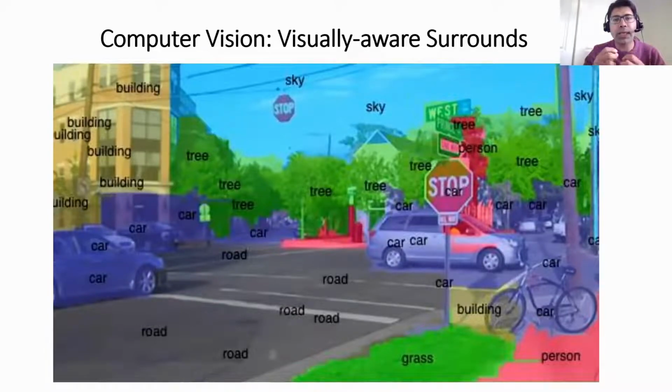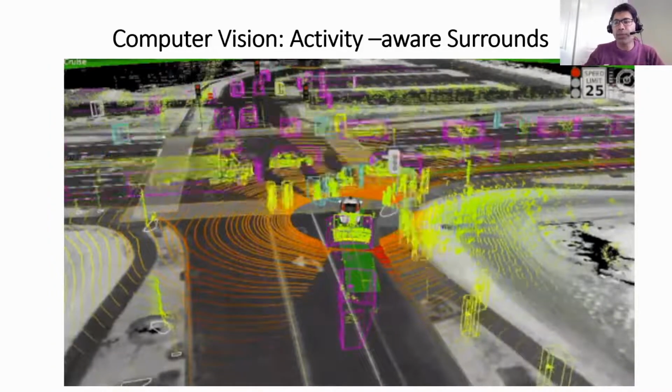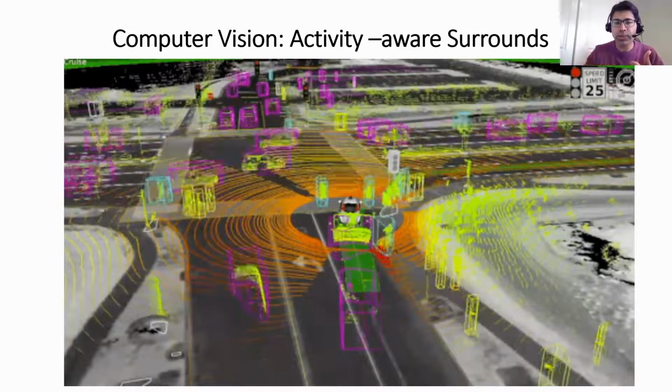It gives us a surrounding where we have AI devices which are visually aware of what is going on around them and what different objects are around them. But not only this, we also have an environment which is moving around us, with activities going on and actions taking place.